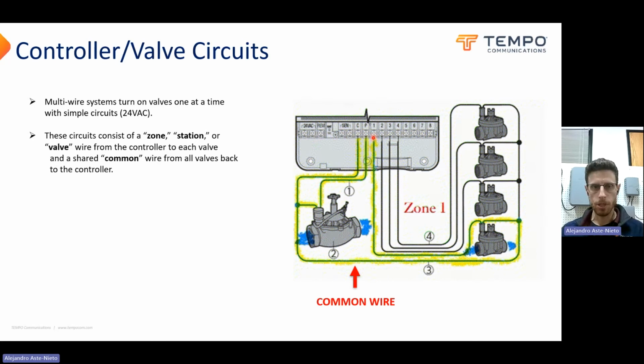There's current flowing through the wire no matter which valve is on. So if we put voltage onto 1 and common, we're turning on valve 1 over here. These other valves are going to be ignored because there's no voltage flowing through them as a circuit. Voltage is going to push from one end to the other.